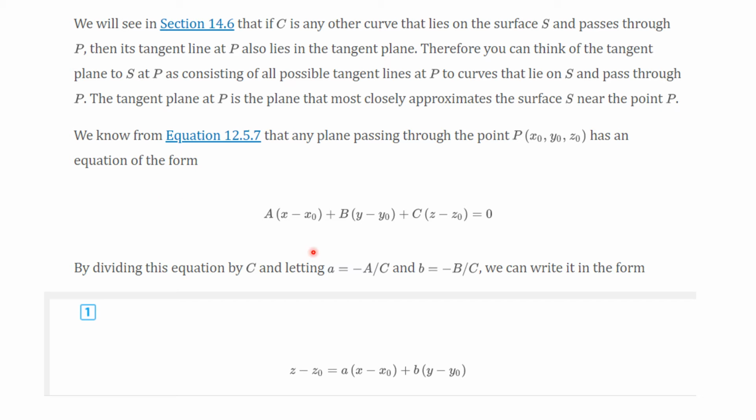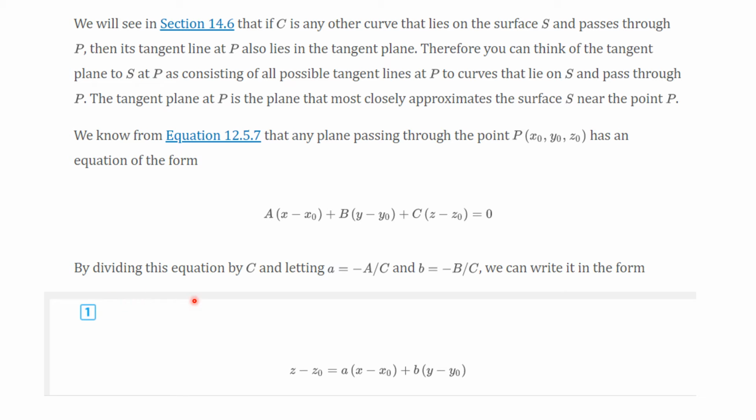And we know that the equation of any plane going through x0, y0, and z0 is represented as A times x minus x0, plus B times y minus y0, plus C times z minus z0 is equal to 0, where A, B, and C are constants.